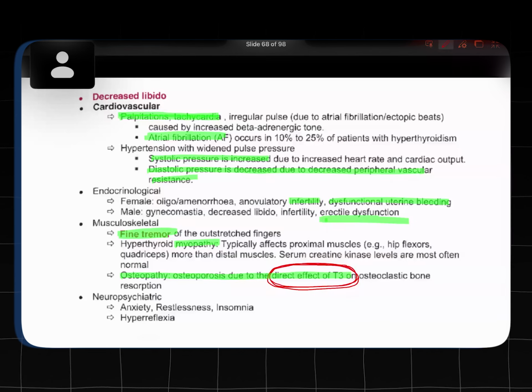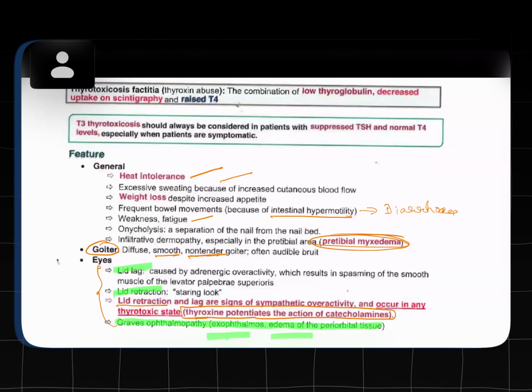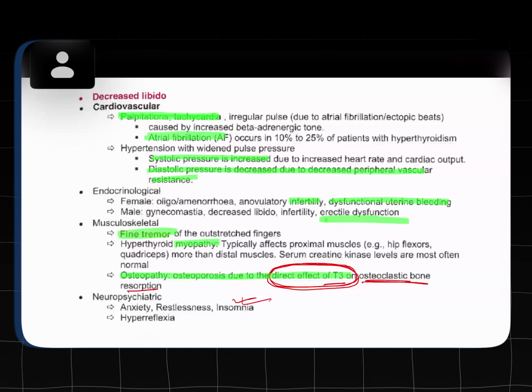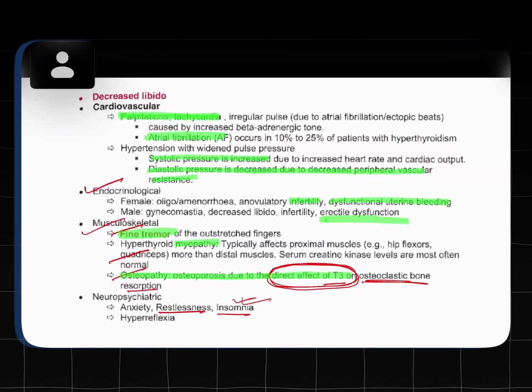This is because of the T3 effect on osteoclastic bone resorption. Besides that, the patient may have insomnia. So hyperthyroidism is truly a systemic disease. These are the eye-related features, cardiovascular, endocrinological, musculoskeletal, fine tremors, osteoporosis, osteopathy, quadriceps myopathy, and restlessness and insomnia.